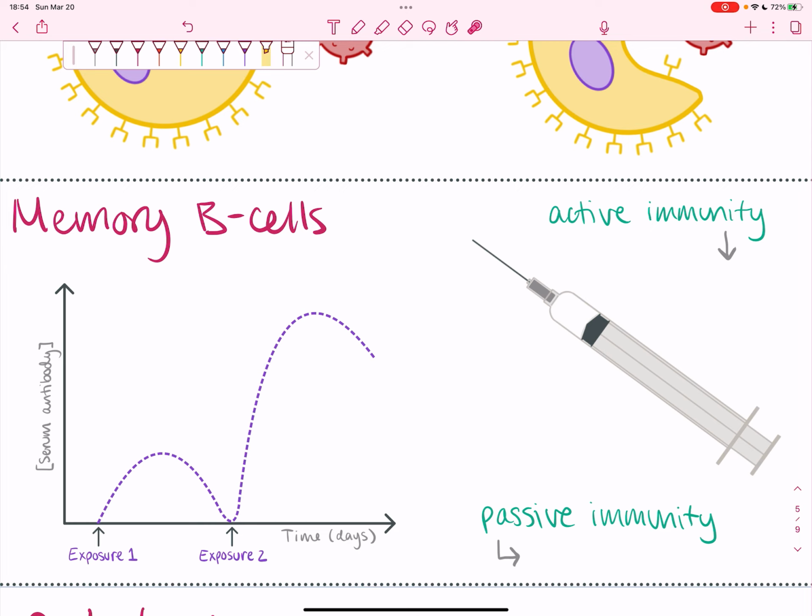So this is also the concept behind vaccination. So yay, vaccines. The point of a vaccine is to expose you to the antigen of whatever virus you could come in contact with.